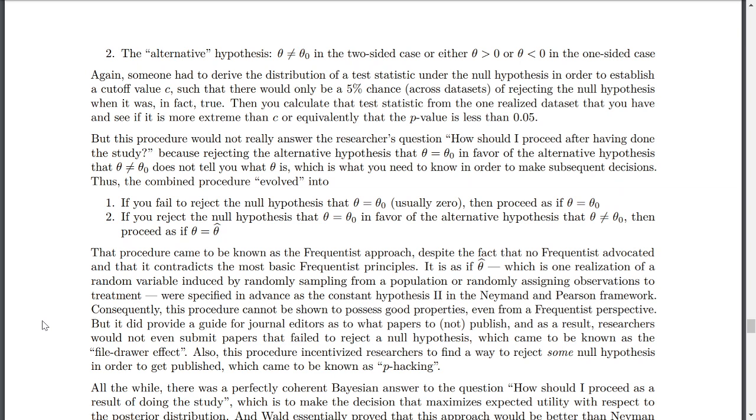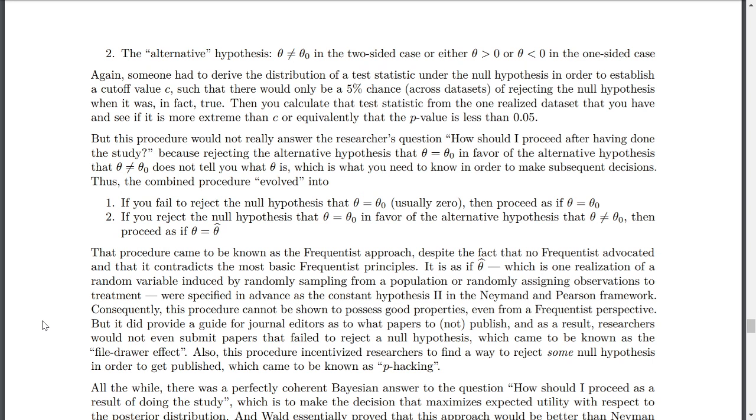And if you reject the null hypothesis that theta is 0 in favor of the alternative hypothesis that theta is some number other than 0, then you're allowed to proceed as if theta is equal to theta hat, the point estimate that you obtained.